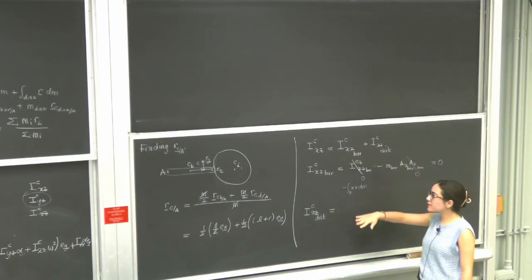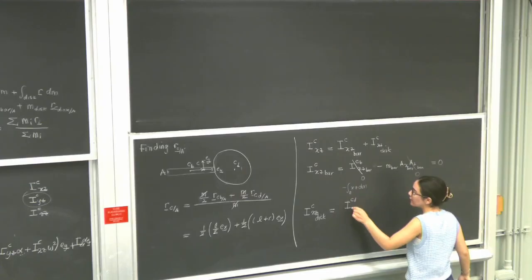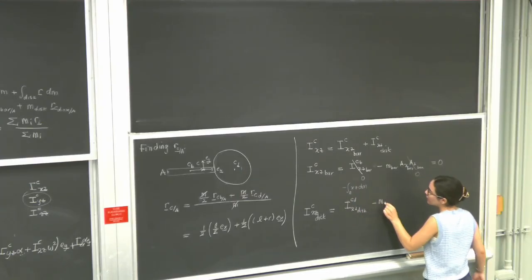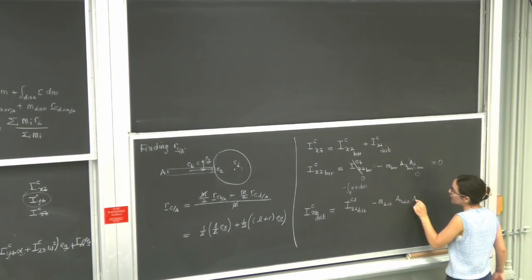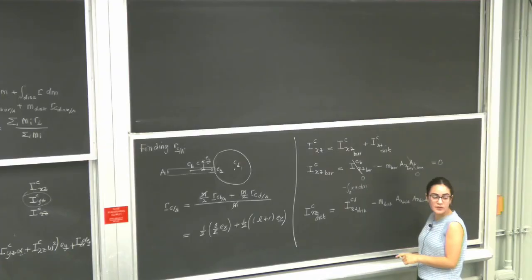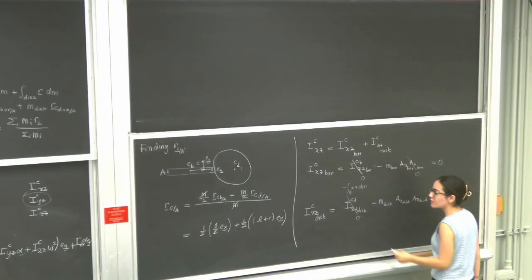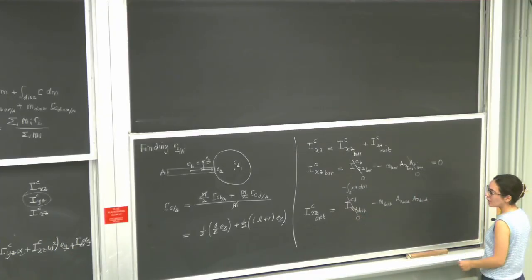So the idea is the same. We're going to do the same parallel axis theorem. I_C xz of the disk minus m of the disk, a_x of the disk, a_z of the disk. What is this term for the disk? The product of inertia about its own center of mass. It is 0 also because of symmetry. Remember, the e_x, e_y plane is a plane of symmetry here. And also a_z is 0.